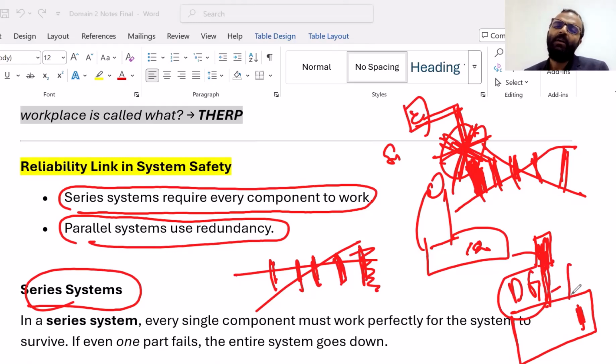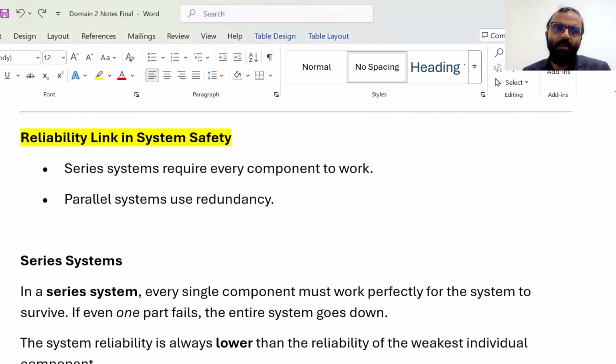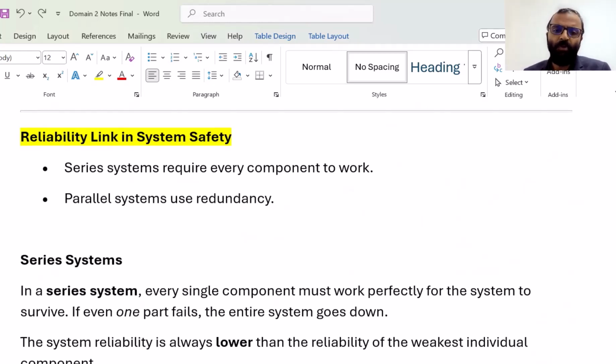Even if the connection fails, you have battery backup. Even if that fails, your UPS is there. Even if your UPS fails, another backup will be there. So that is a parallel system. Always in safety concerns like operation theaters, you will have parallel systems for redundancy.